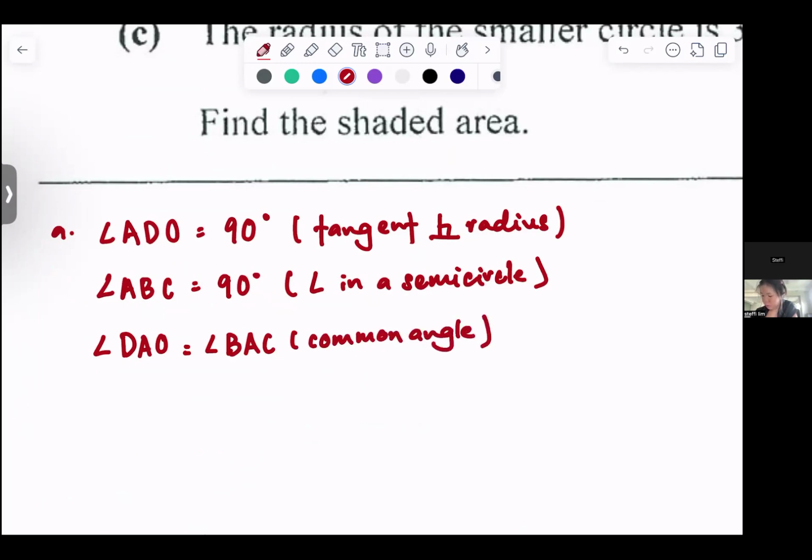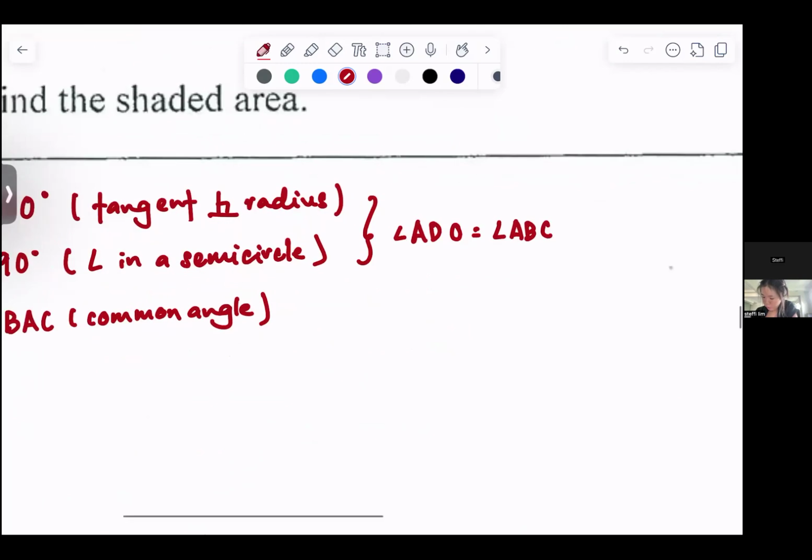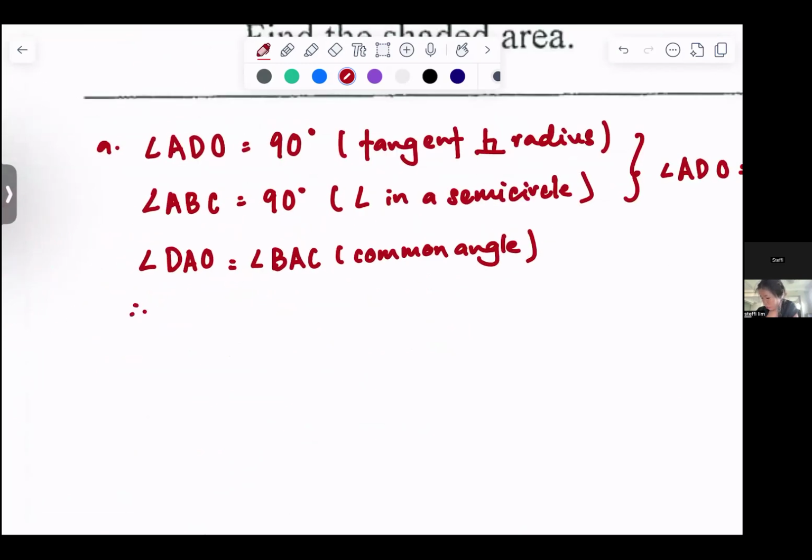Therefore angle ADO equals angle ABC. And therefore triangle ABC is similar to triangle ADO. Why? Because of the triangles property. Okay, shown.